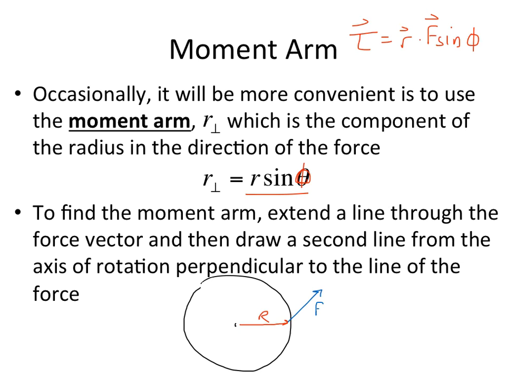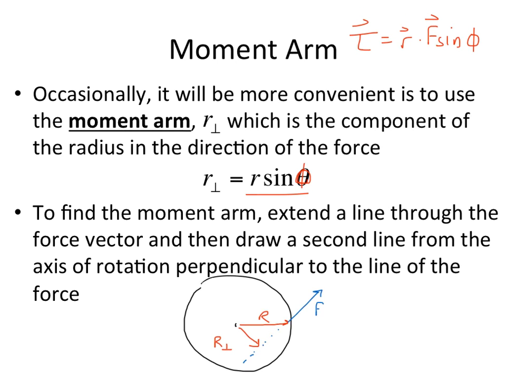But if we create a component of the radius that would be at 90 degrees to the force, so if the force were kind of extended back here a little bit, this right here would be what we call the perpendicular radius, or what we call the moment arm.